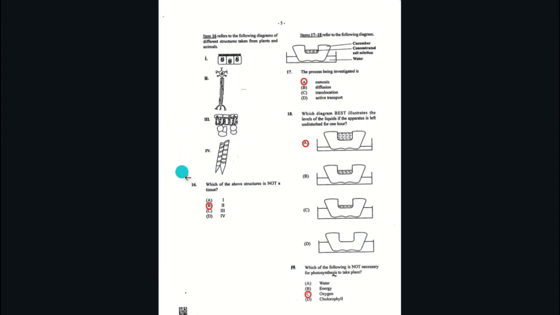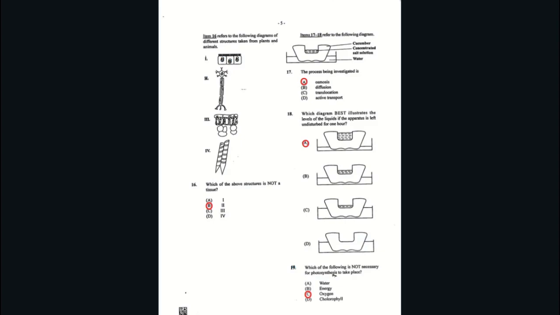So we know that we can call this a tissue because it's multiple cells here. B, this is only one cell all by itself, so big red flag here. And then here we see multiple things going on, and here we also see multiple things. We see more than one going on here. So if I had to pick which is not a tissue, I would pick 2, the neuron, because it's all by itself. It's all alone. There's nothing there. Good.